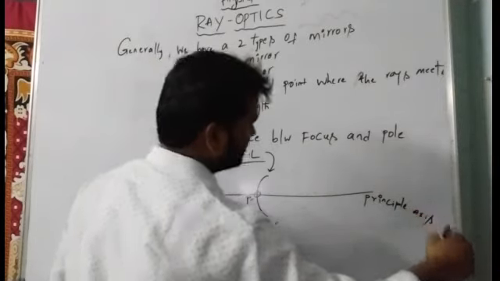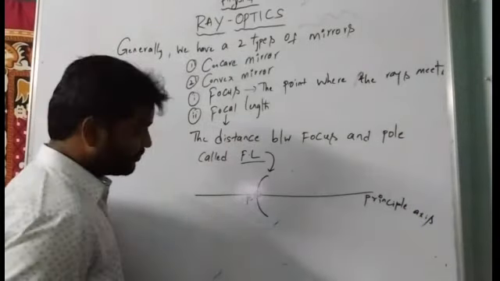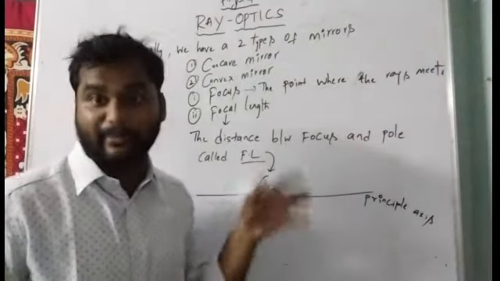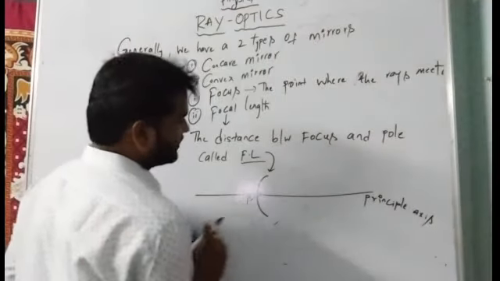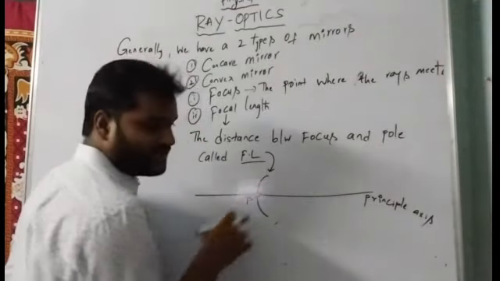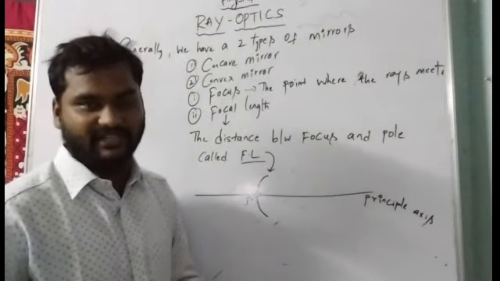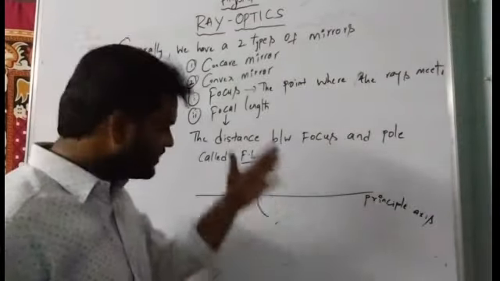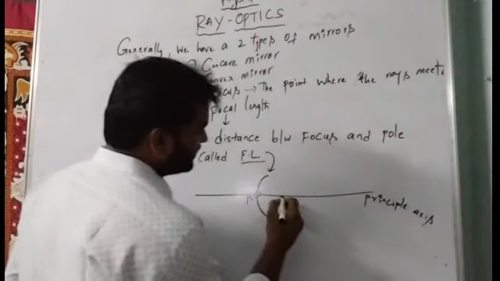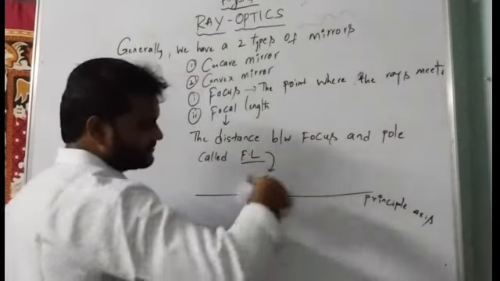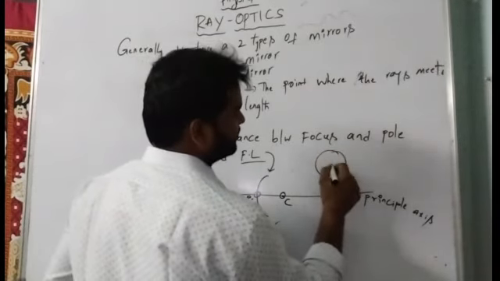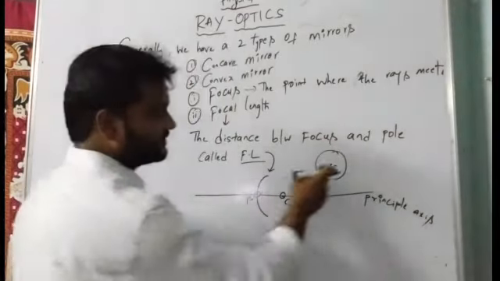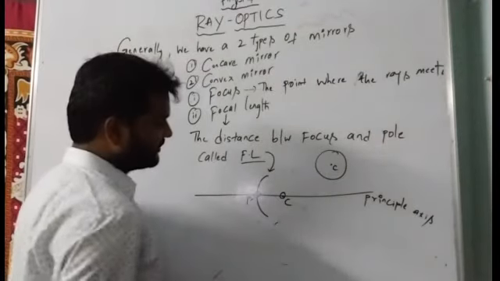The mirror is one part of a sphere. We generally cut the sphere into two halves, and each part is known as a mirror. The center of a sphere we denote with the letter C. Here, C is called the center of curvature.